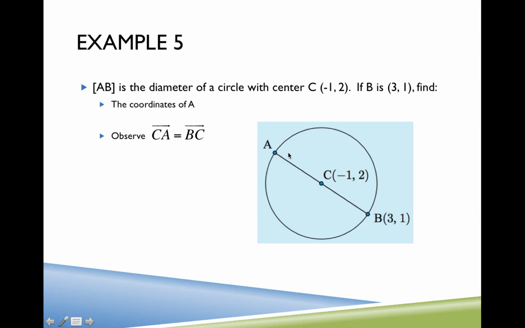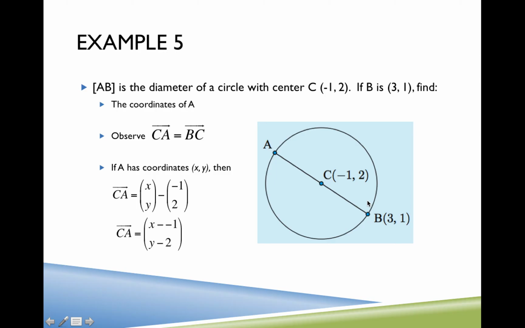Well, vector CA, if I give A the coordinates x, y, for example, I can say that vector CA is going to be my x coordinate minus my negative 1. And then it's going to be my y coordinate minus my 2. So I can say that vector CA is x plus 1 and y minus 2. But we've already discussed that vector CA is equivalent to vector BC.